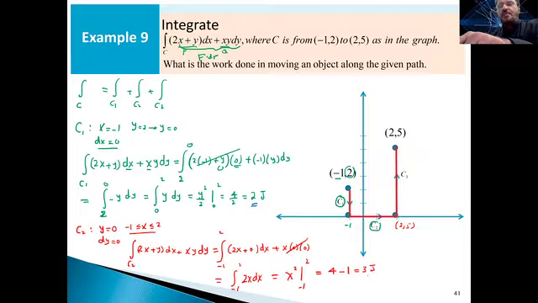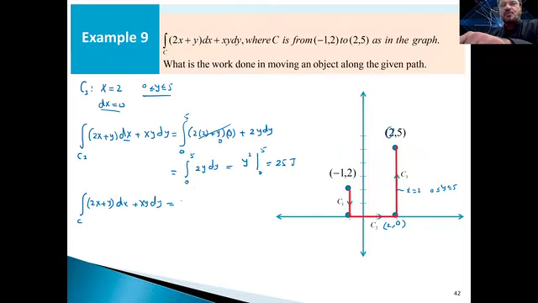So it's 2 plus the 3. Here there was 2 joules. Here 3 joules. And here what? 25 joules. So plus 25. And this is 30 joules. So to bring the object from -1, 2 all the way to 2, 5 up, it's going to take me 30 joules.